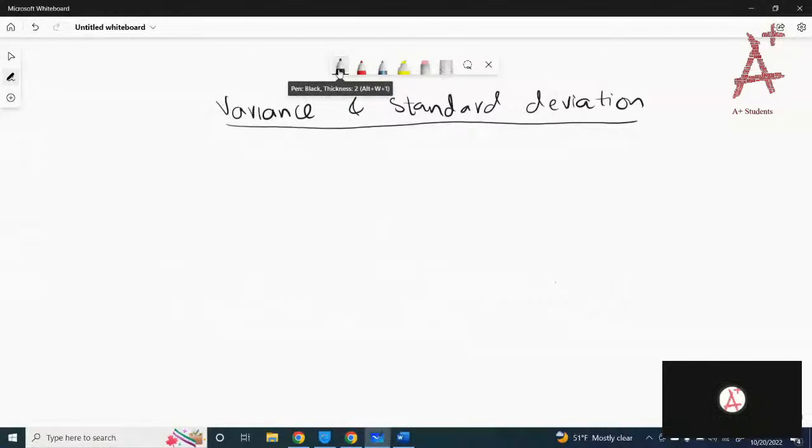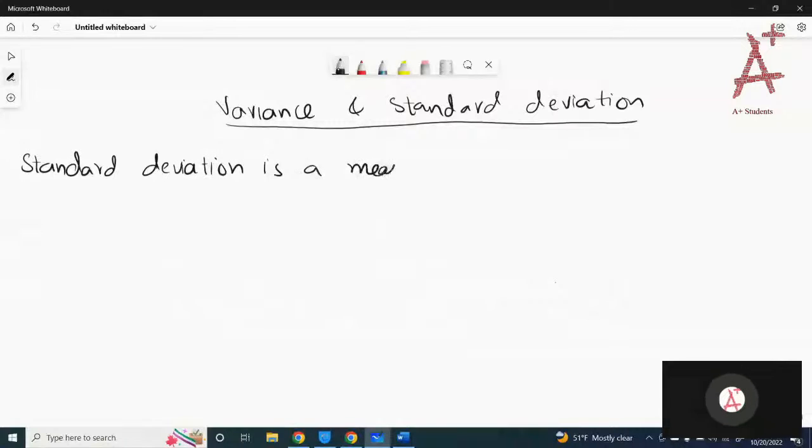Let's start with standard deviation. So standard deviation is a measure of how spread out numbers are.